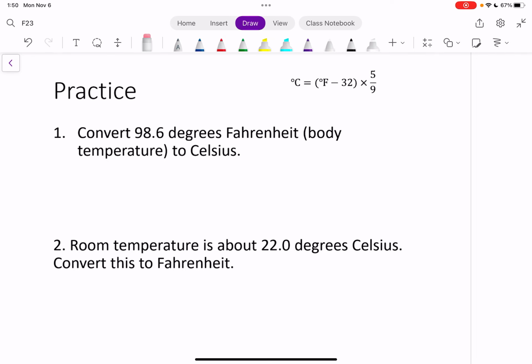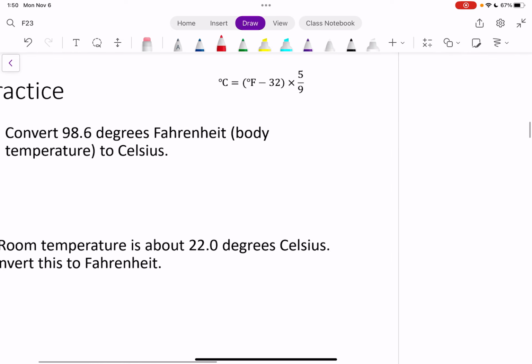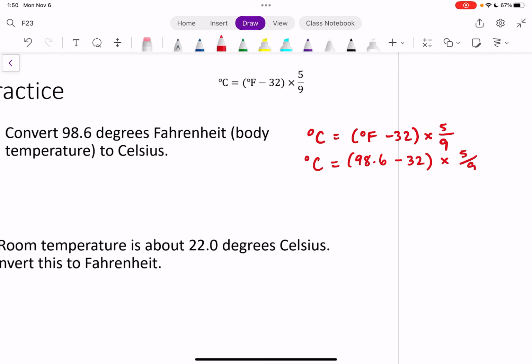So if we start with 98.6 degrees Fahrenheit, let me just copy our equation down. Actually, I'm going to write this over here, just so we have a little bit more room. It looks like we're trying to solve for degrees Celsius, so that's great. We don't have to rearrange this equation at all. So we have 98.6 degrees Fahrenheit minus 32, and we're going to multiply that by 5/9.